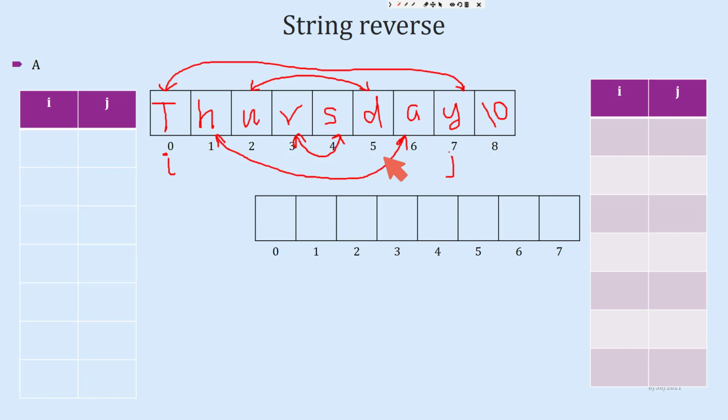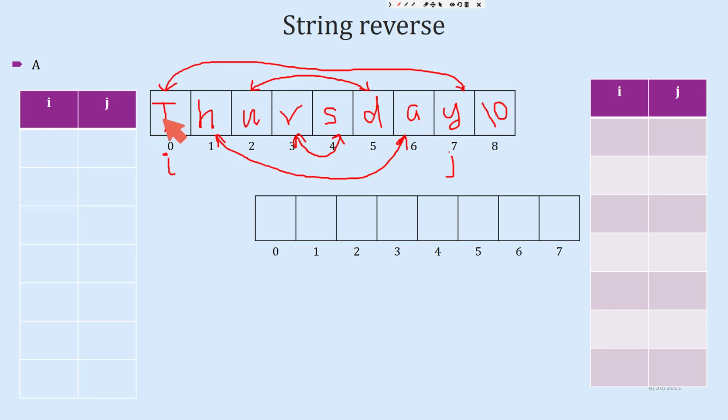Yes, sir, 8 is the length of the string because 8 characters are there. So J will be pointing to the last character. The index position of the last character is length minus 1.